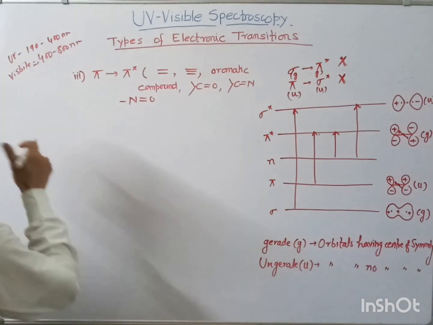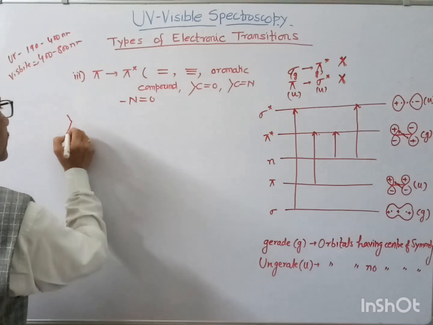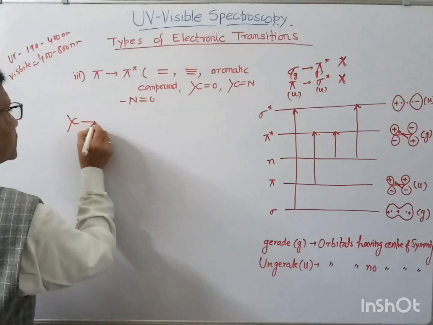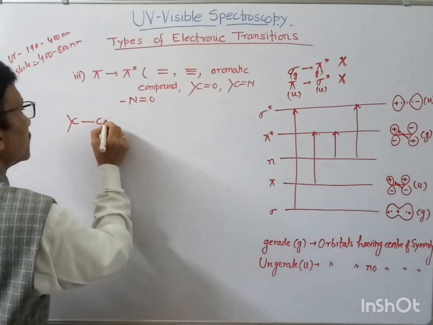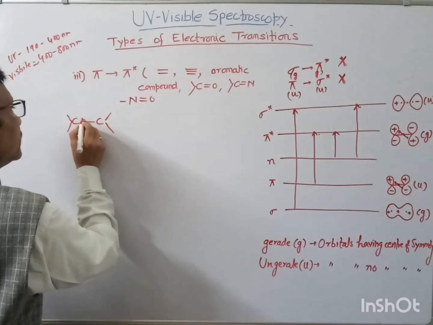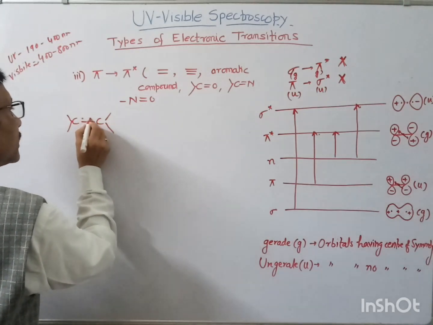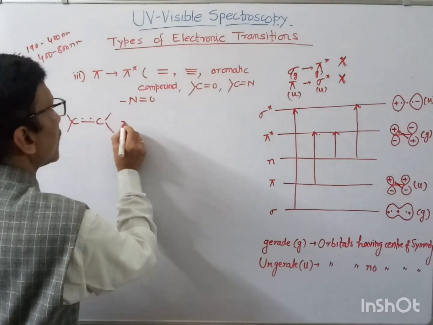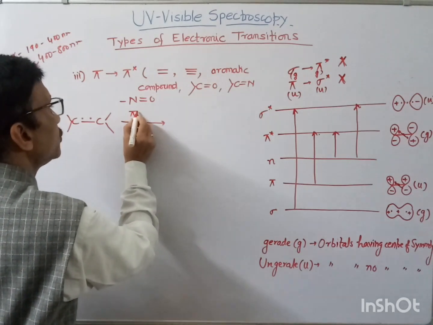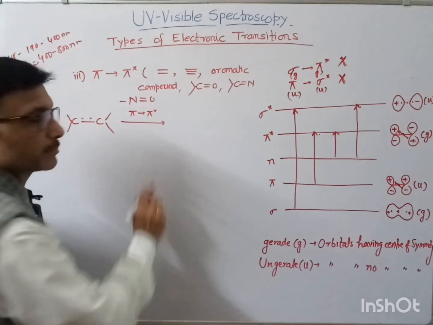Now we can represent this like this. Suppose a double bond is there, and I have represented one of the pi bonds in this way. After absorbing the light, the pi to pi star transition will take place.